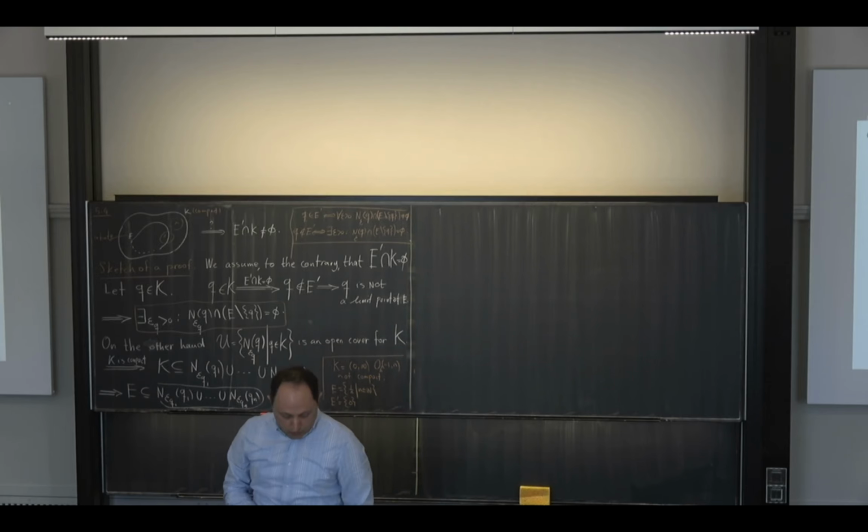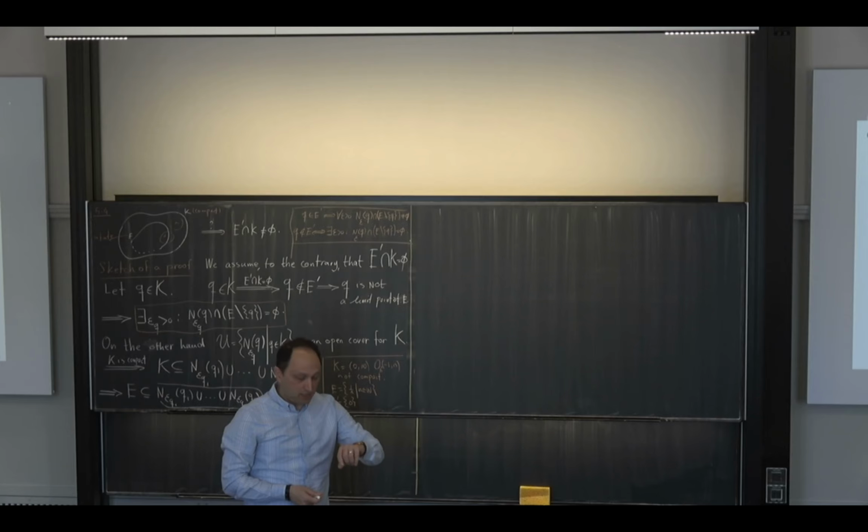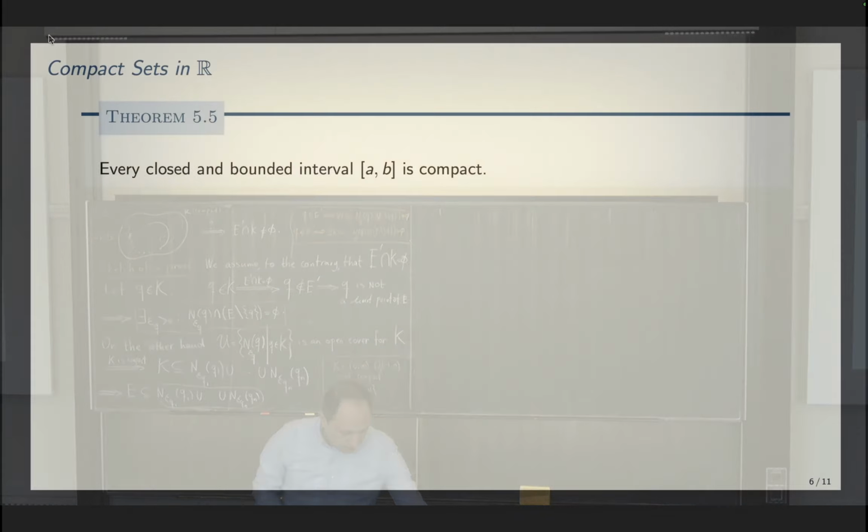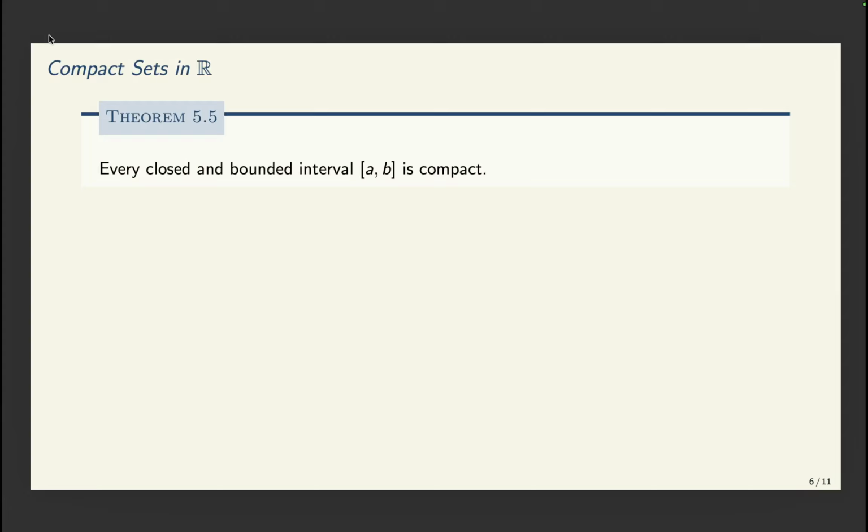Okay, so let us go to the next one. This is a tricky theorem, and you will see that it seems very innocent. We learned about this one yesterday, so let me show you the slide. Every closed and bounded interval is compact.